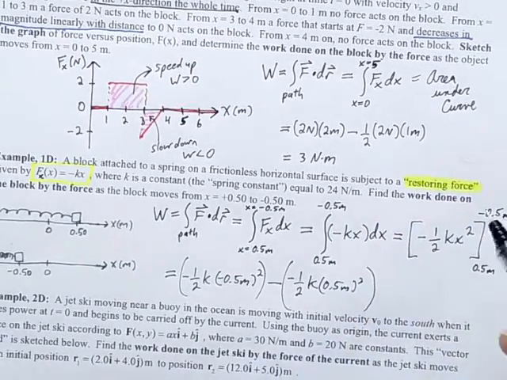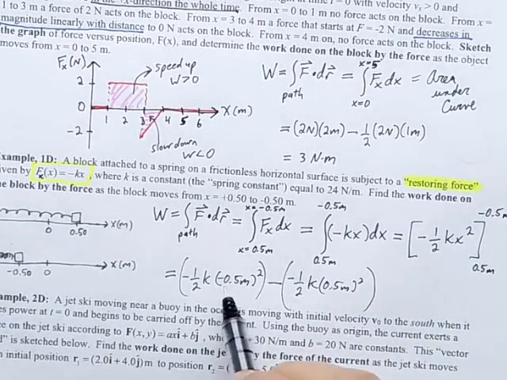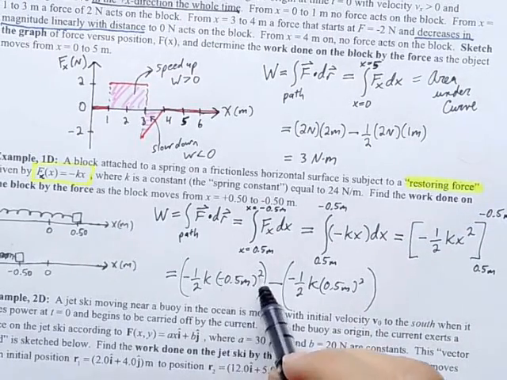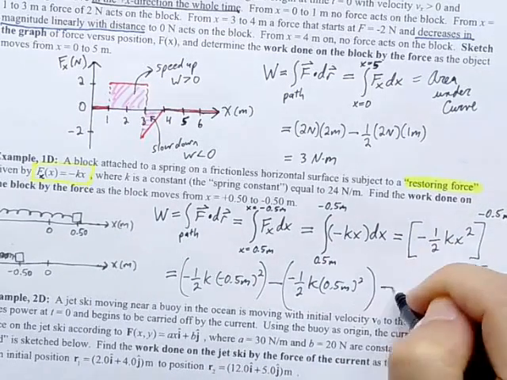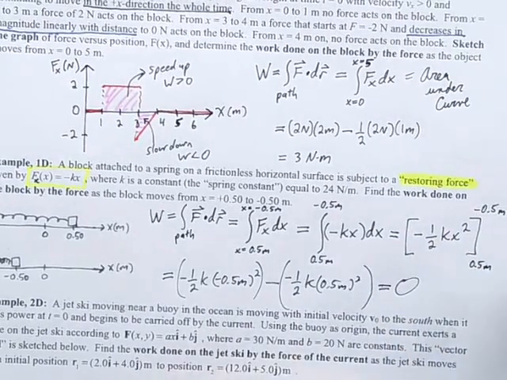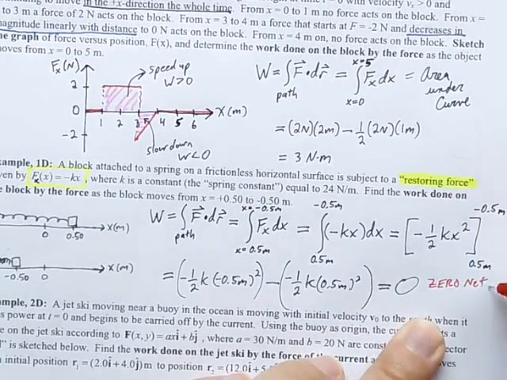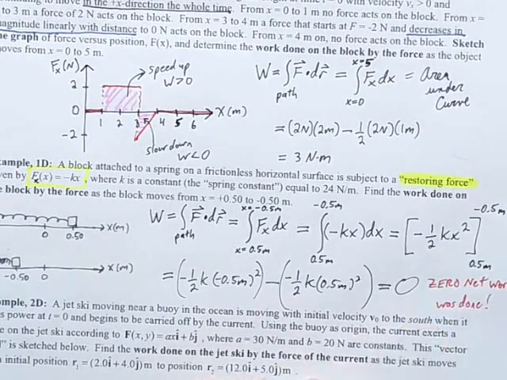There we go. And what we notice here is that we've got equal terms. That negative disappears when we square. So we've got negative 1/2 k times 0.5 squared minus negative 1/2 k times 0.5 squared. They sum to 0. Zero net work was done by this force, by the spring.